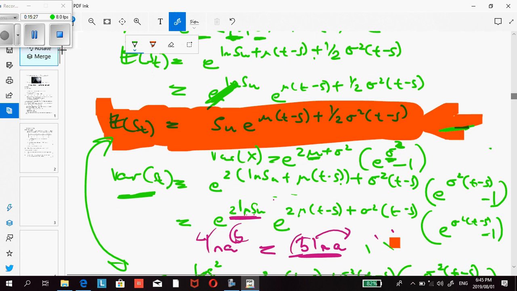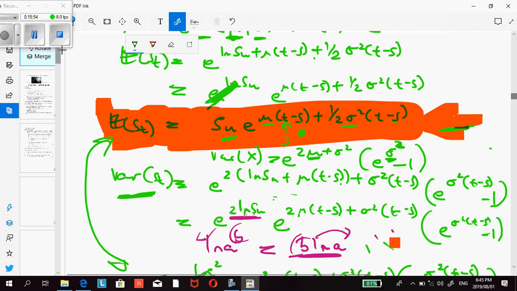Now the expected value is S0 e to the power of mu times (t minus s), your final time is 3 and your initial time is 0, so this will just be 3 minus 0, which is 3, plus half sigma squared times (3 minus 0).